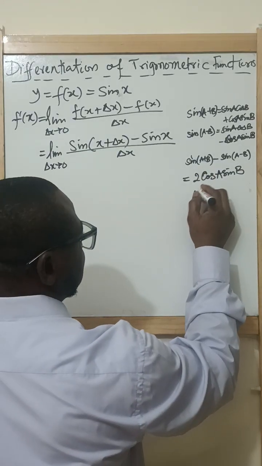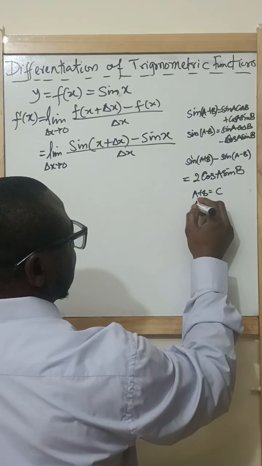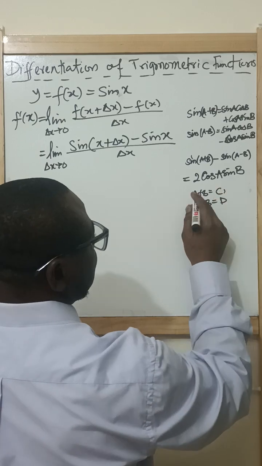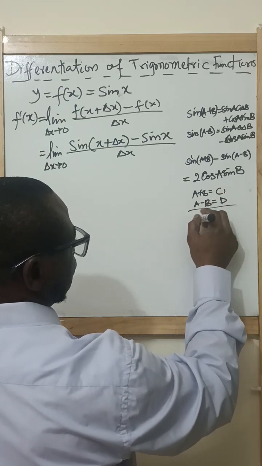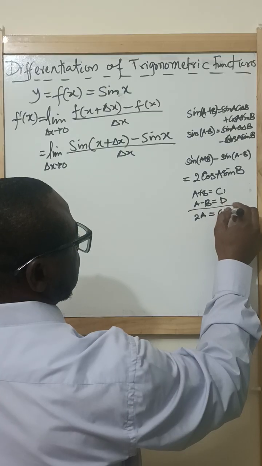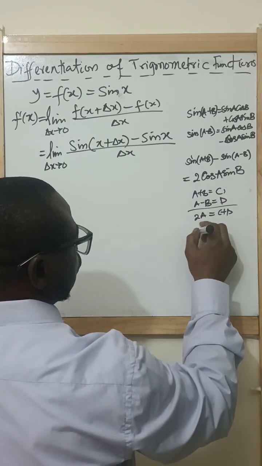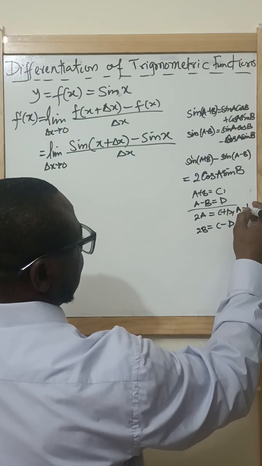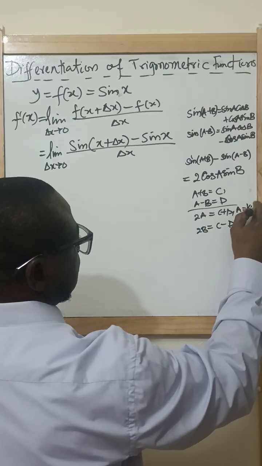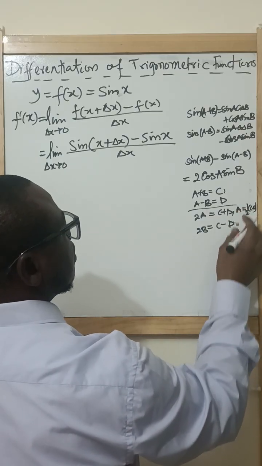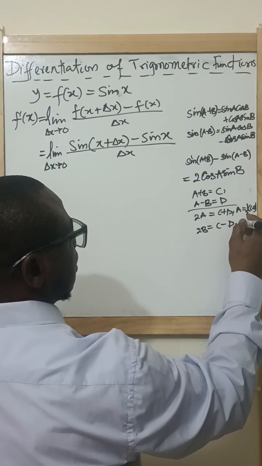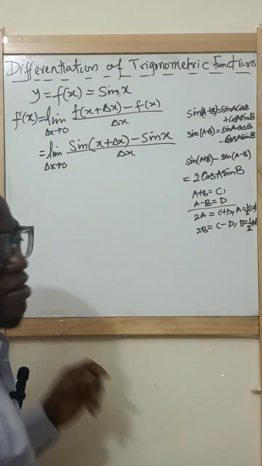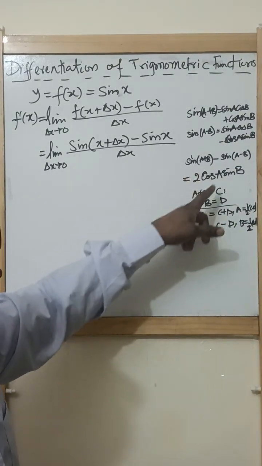A plus B we represent with C, and A minus B we represent with D. When we add, 2A will be C plus D, so A is half of C plus D. When we subtract, 2B will be C minus D, so B is half of C minus D.